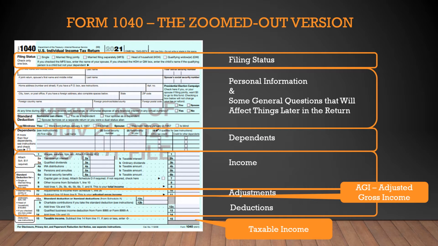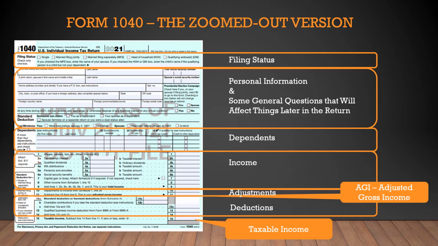Then we have our section for income. And this is where the structure is a lot like the structure of our intake form, which is purposeful. It mirrors the structure of our tax system. Then we get to adjustments and deductions, and this is a little different than our intake form. Our intake form just says expenses. Adjustments happen right before this really important line, adjusted gross income.